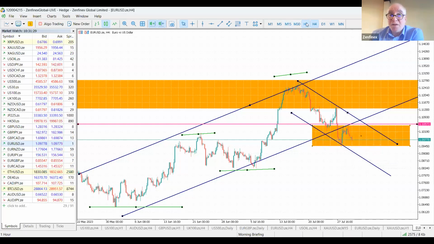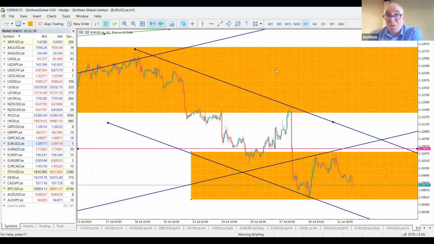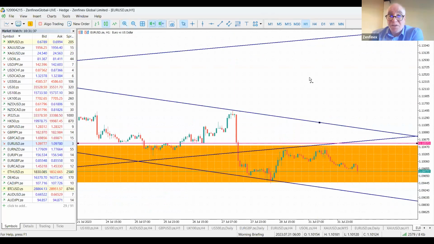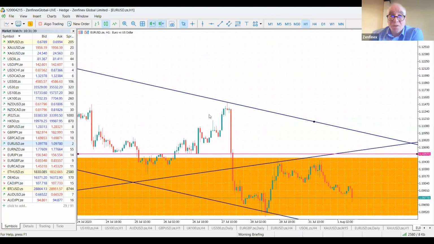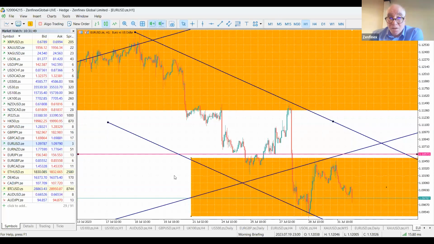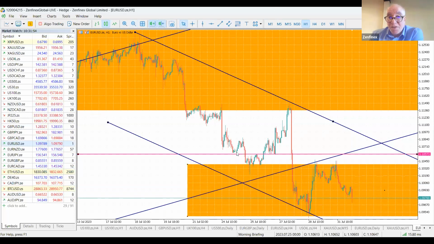So if I now go to an hourly perspective, because we're going to have news coming up in literally half an hour's time, we can see here that it's backing into this level here. So let me just tidy up this area, because now we're seeing more information.